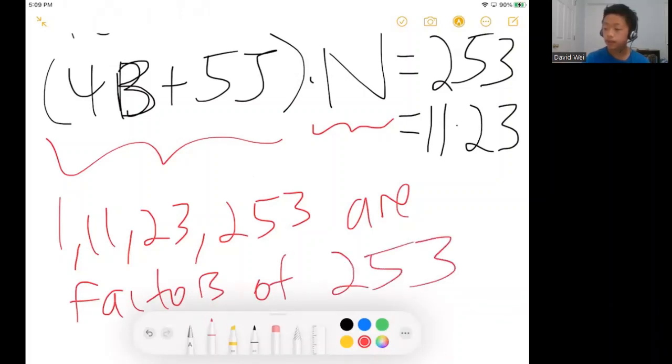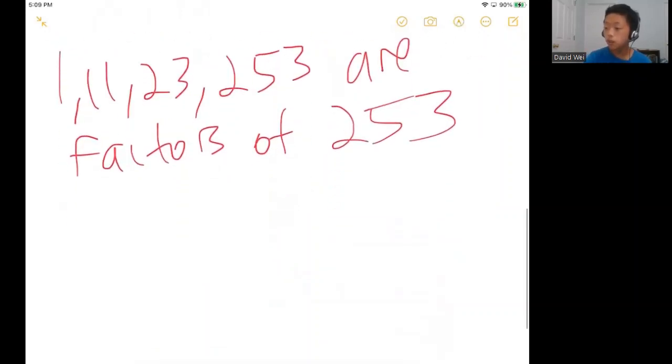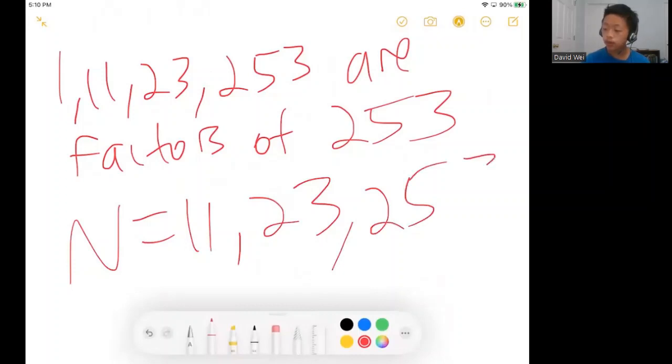Since N is greater than 1, N can't be 1, so N must be either 11, 23, or 253.